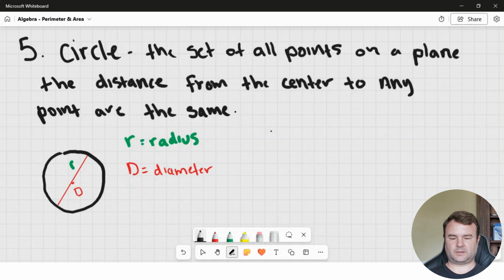And let's go ahead and define. So here it's not perimeter again, it's called circumference.